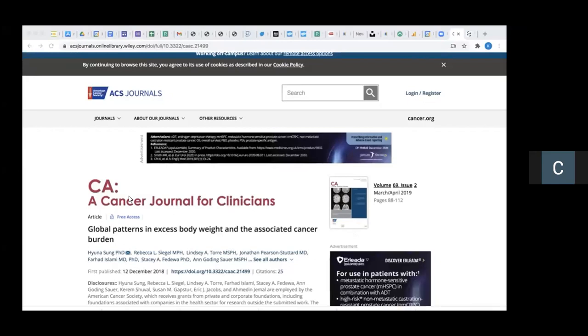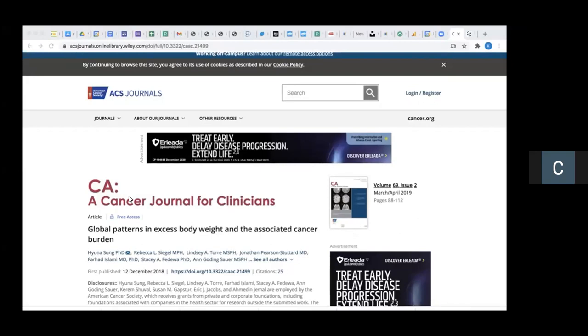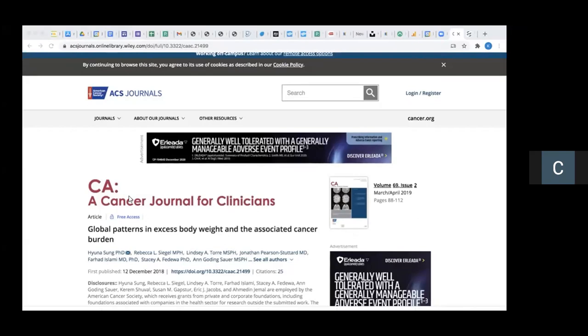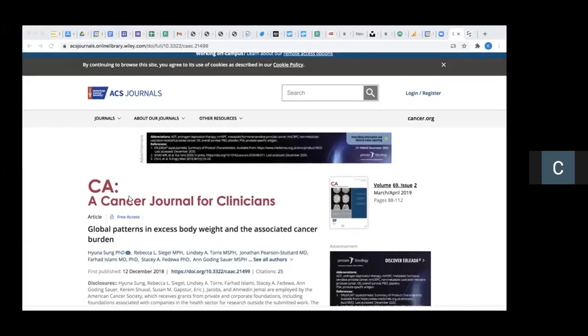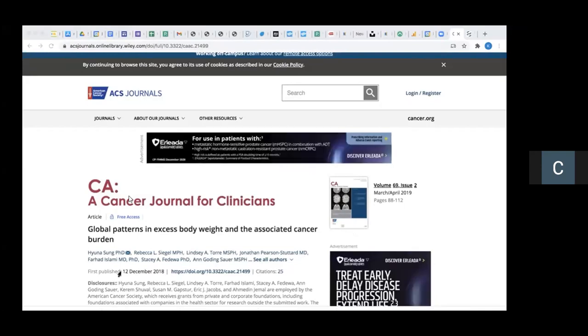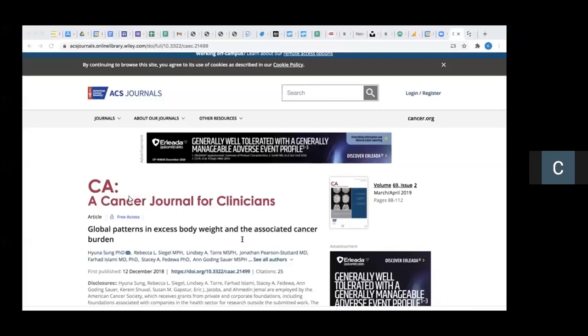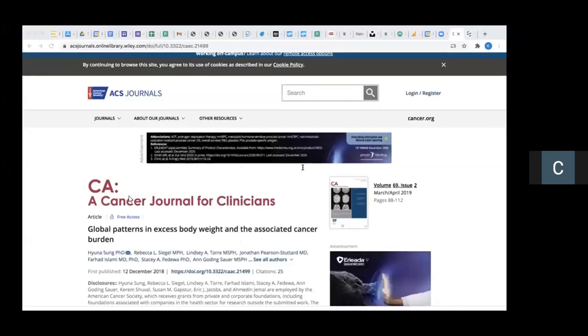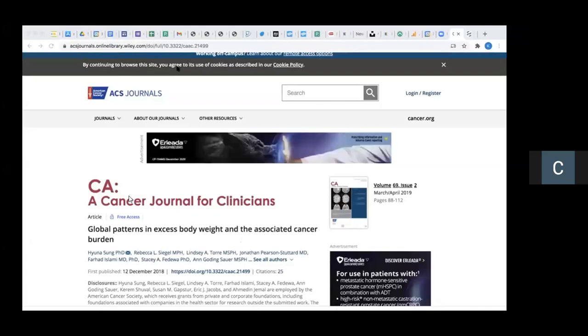Now, let's move on to example number two, which is a systematic literature review. In order to complete a systematic literature review, this is a whole different ballgame.